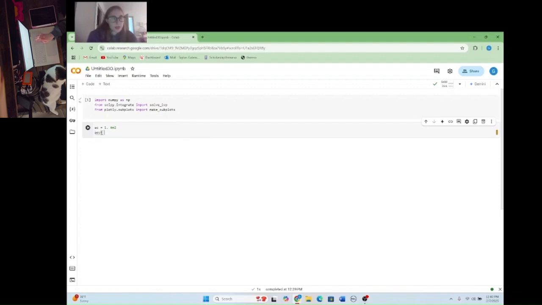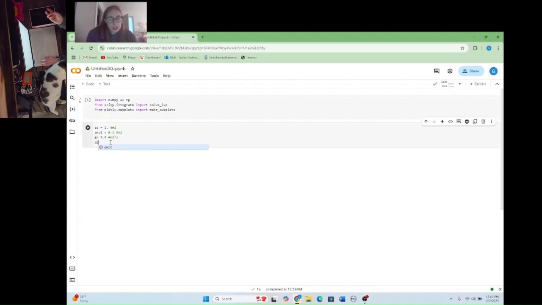So A out equals 0.2 meters squared. And then we have our G, which equals 9.8 meters squared per second.